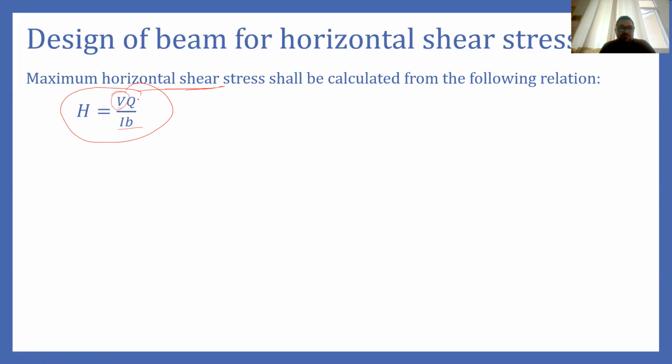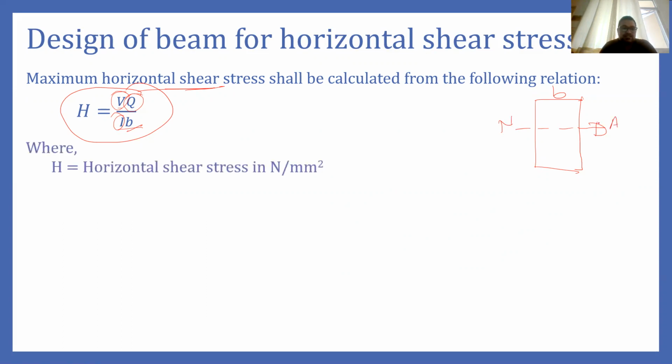V is the shear force, Q is the moment of area, I is the moment of inertia, and B is the width of beam. For example, if we have a rectangular beam having B as the width and D as the depth, and the neutral axis passing through the center of the beam, then H is the horizontal shear stress, which is the value we have to calculate using this formula.